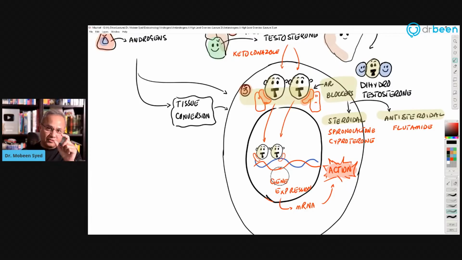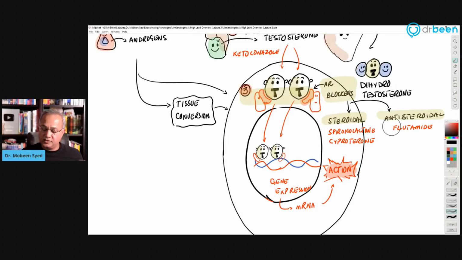So their molecular formula looks like a steroid, and they would come in and attach here and they would block these receptors. Now when the actual testosterone would come in and say, hey, I want to bind to this receptor to do some function, the receptor would say, sorry dude, I'm already occupied by this other drug. I thought this was a steroid, but it's a fake steroid, but now I'm blocked. So that is how you can block.